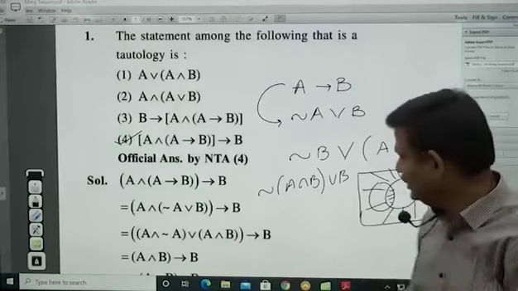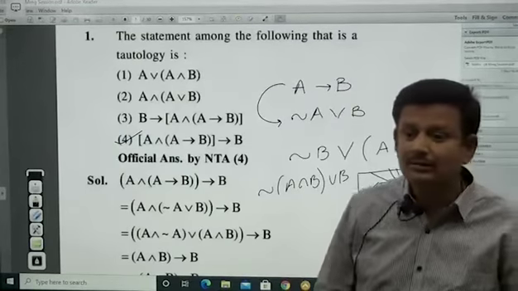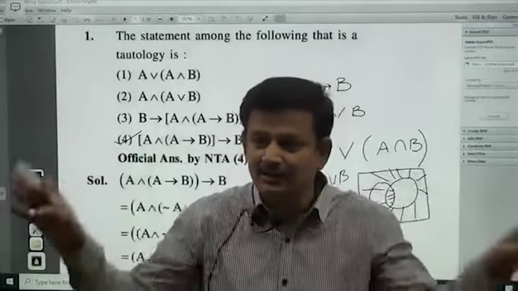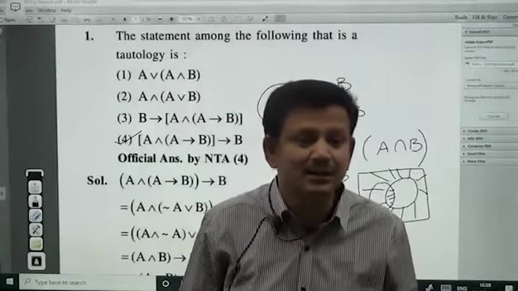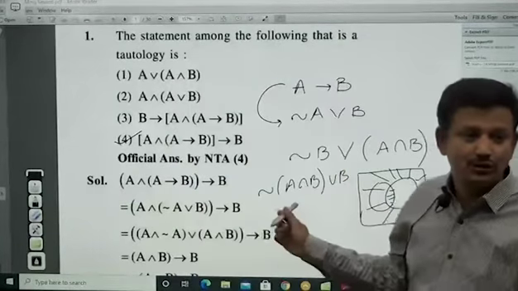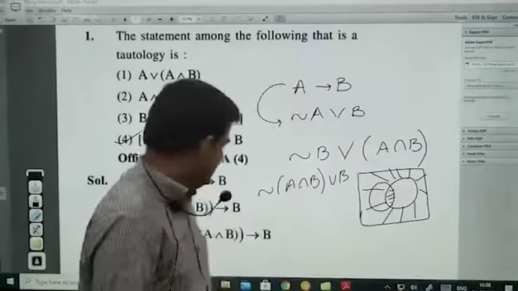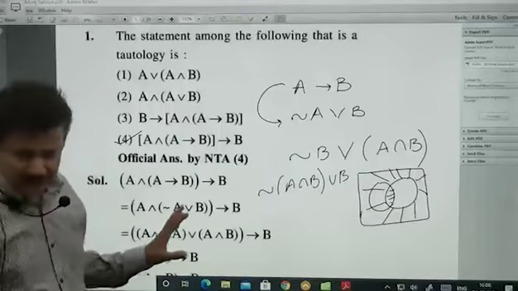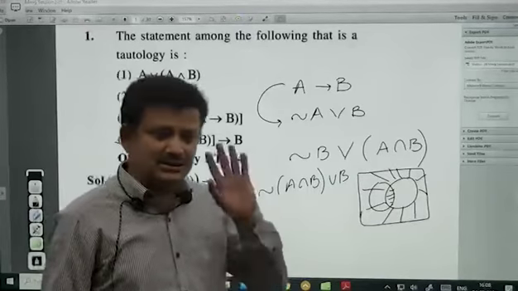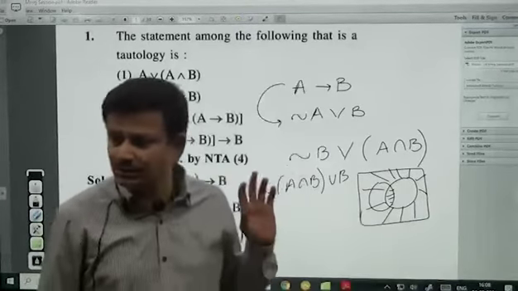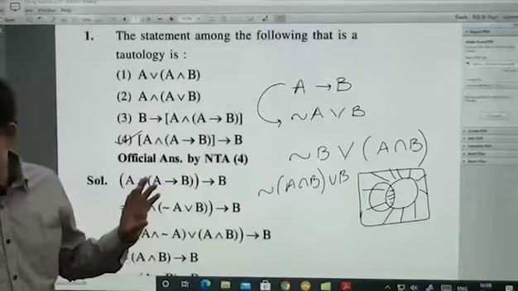Only A intersection B. That is already there in B. So union is complete set. Yes or no? So that's a tautology. Can you understand why this is a tautology? So you need not do much of arithmetic here. If you know the basic meaning, just by visualization you are still able to do the question. Okay?